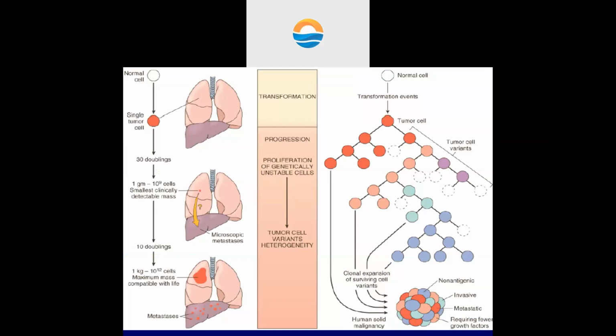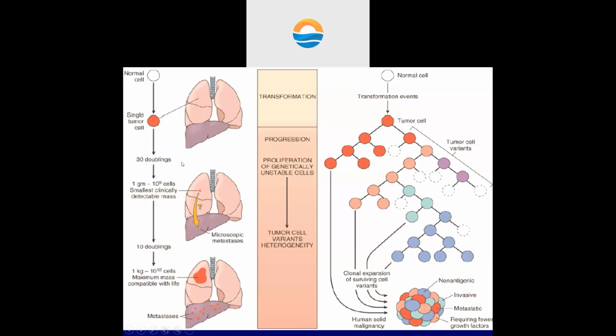So look at this picture that describes the tumor progression. For example, you see the single tumor cells in the lung. Here, normal cell, and then after transformation event, we have the single tumor cell, and then starts progression.